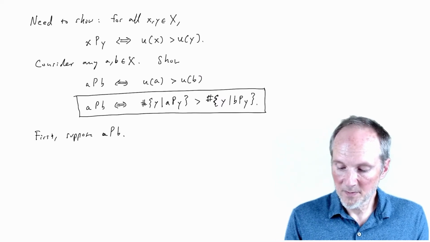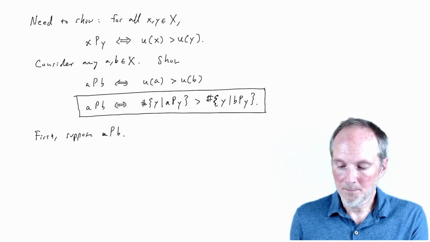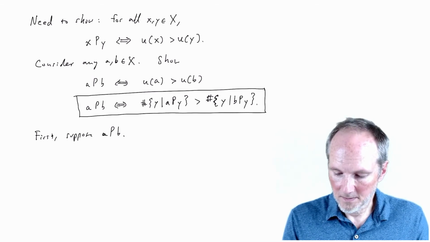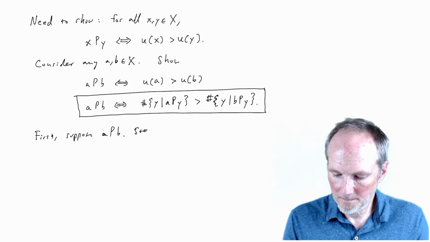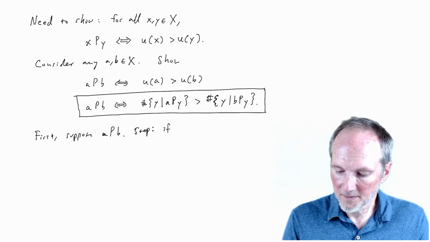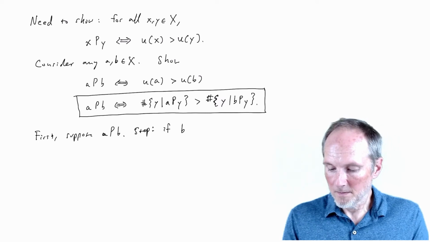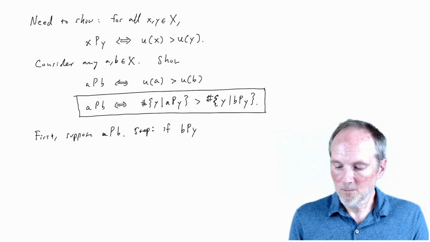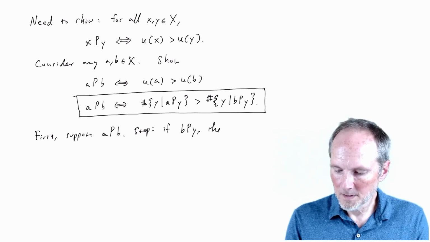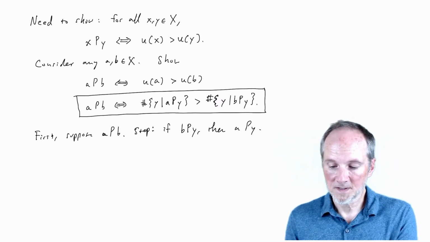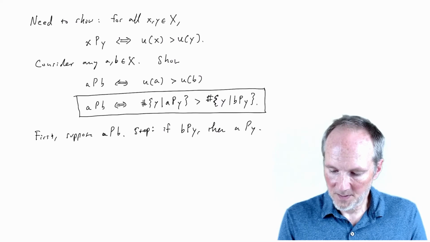So the first step is going to be to argue that any element, step one, I'm going to show that if B is better than Y, then A is also better than Y. Okay, so anything worse than B is worse than A. This is step one.